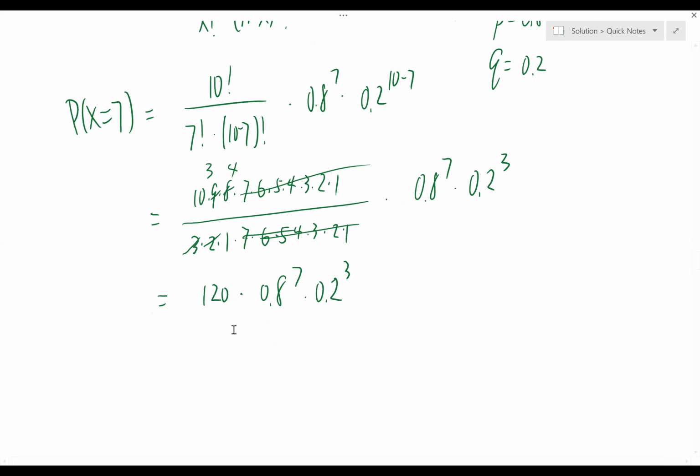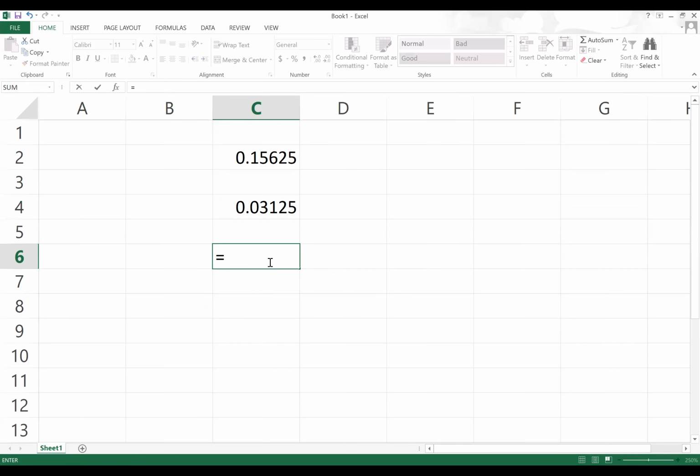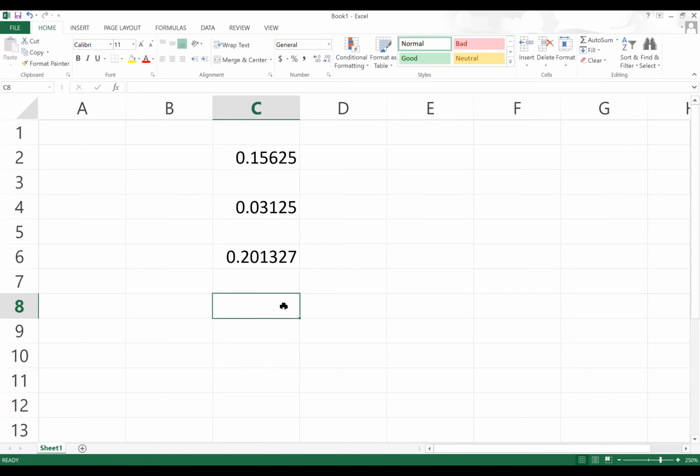Okay, I'm going to show you how to get it done in Excel really quick. So if you do 120 times 0.8 to the 7th power times 0.2 to the 3rd power, we get a result, right? That's it. And also I'm going to confirm this using the combination formula.